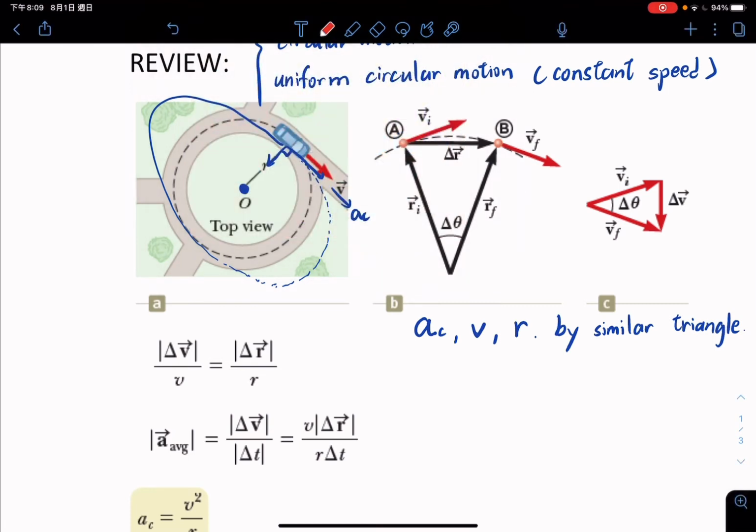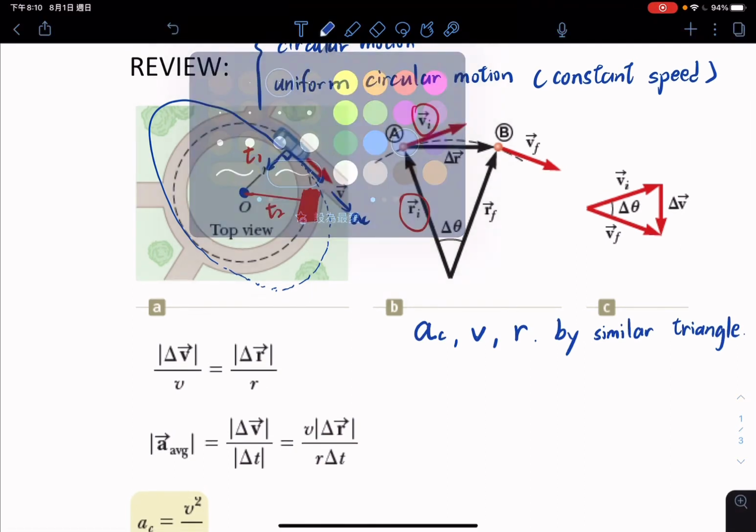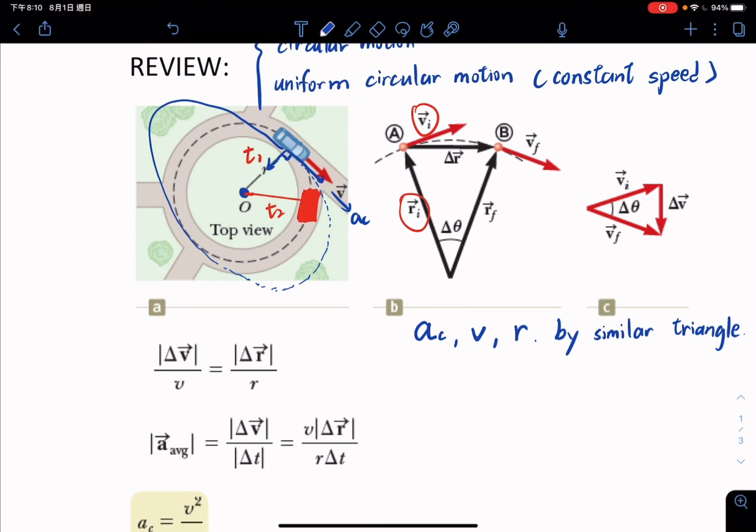Assume the car at time t1 is here, and after a time, at time t2, the car is here. The time t1 corresponds to r initial and v initial, and t2 corresponds to r final and v final.